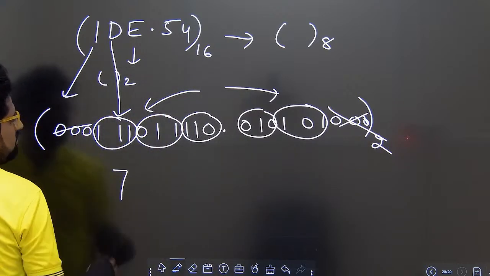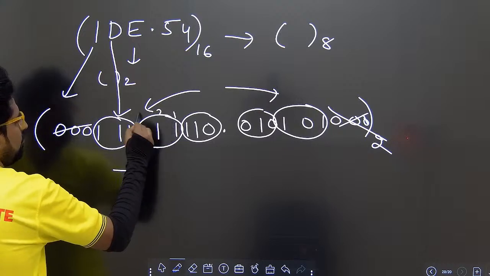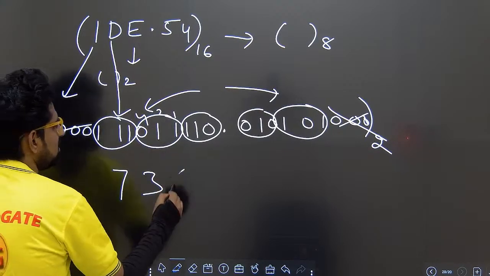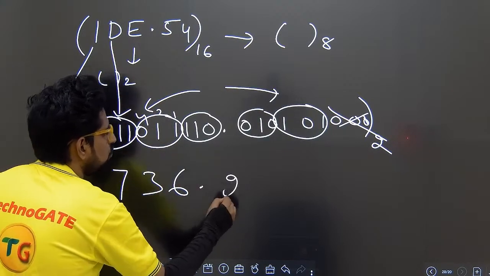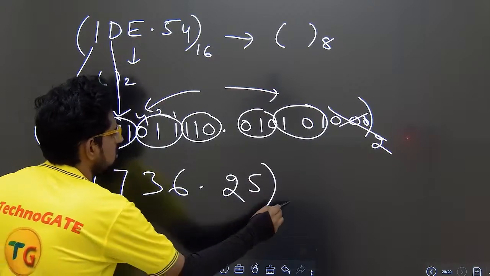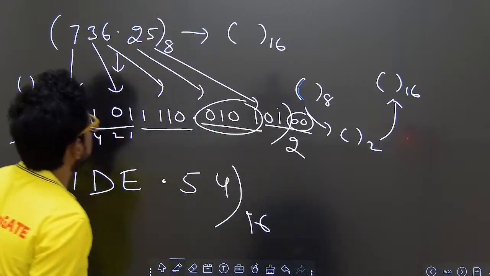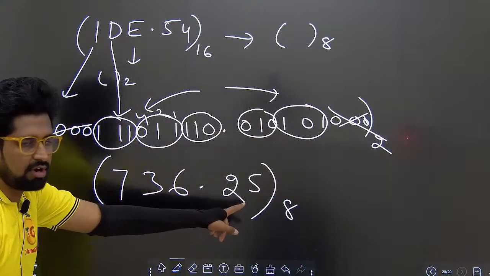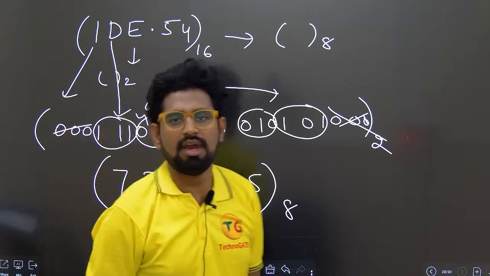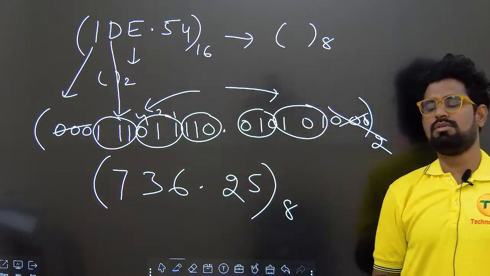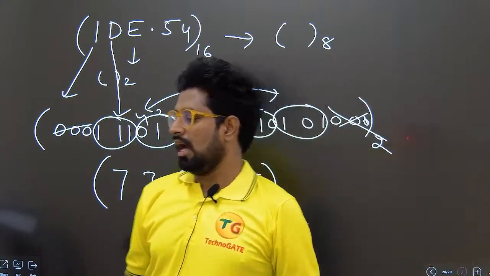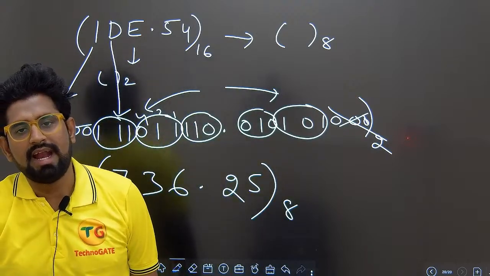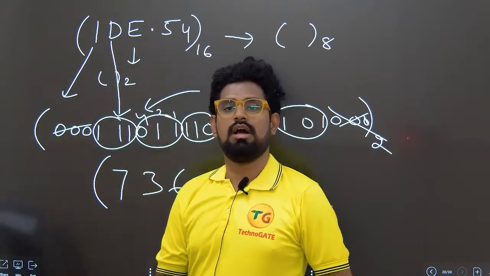Now 7, 1, 2, 4, 3, 6.25 base 8. You can check here, 736.25. Okay. In this way, we can do our octal to hexadecimal and hexadecimal to octal conversion.